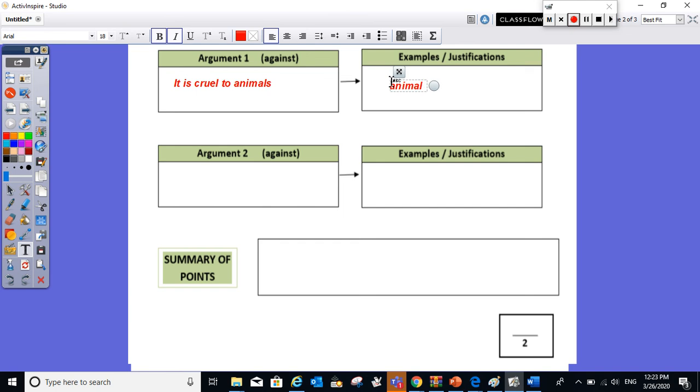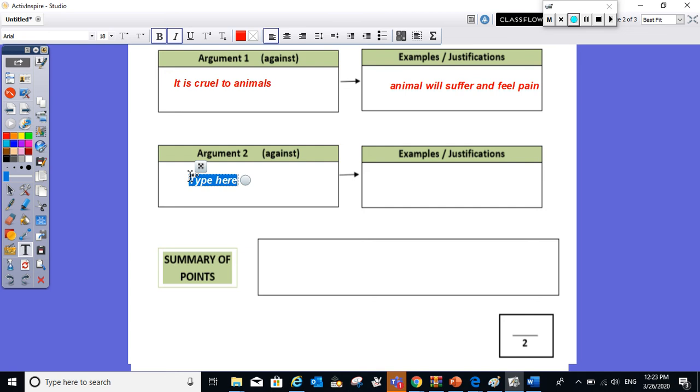Animals will suffer and feel pain. This one, animals will suffer and feel pain, is the explanation for this point, which is cruel to animals.